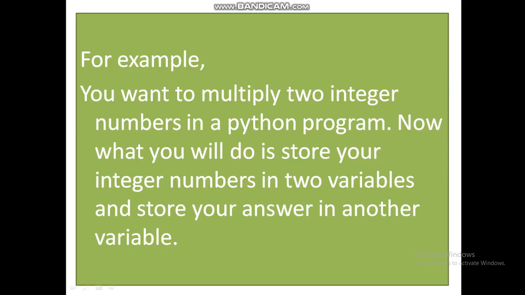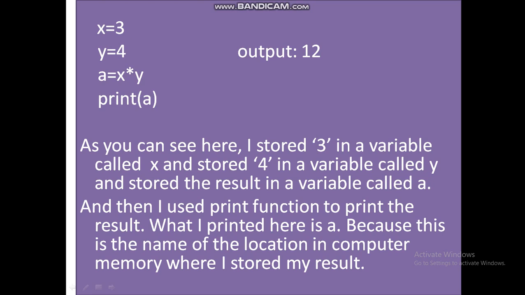For example, you want to multiply two integer numbers in a Python program. What you will do is store your integer numbers in two variables and store your answer in another variable. As you can see here, I stored 3 in a variable called x and stored 4 in a variable called y, and stored the result in a variable called a.